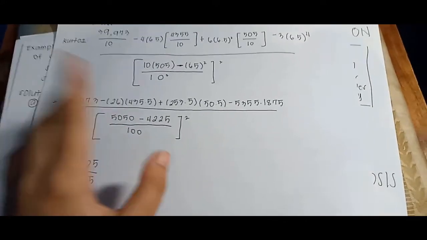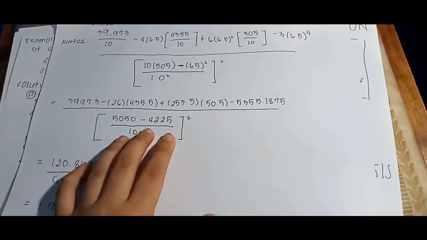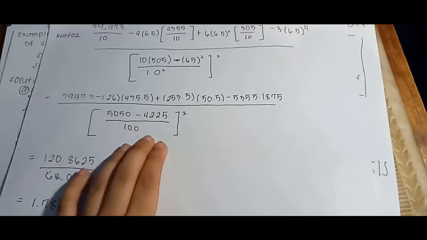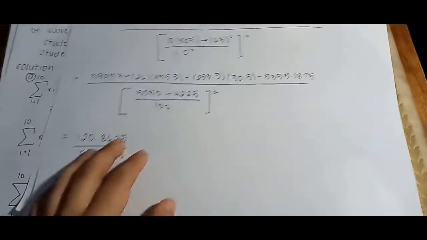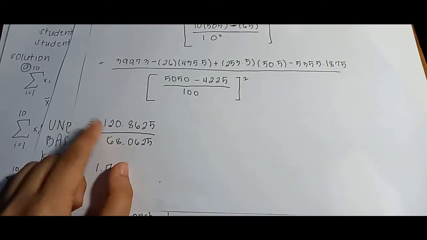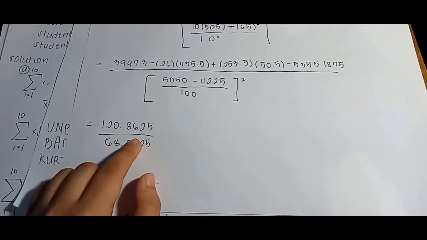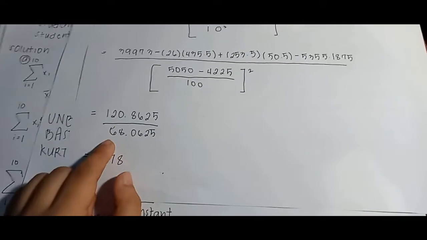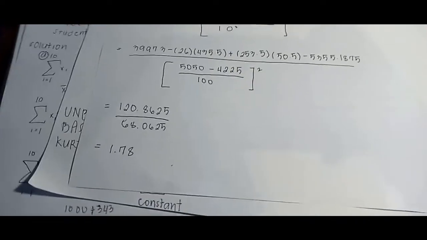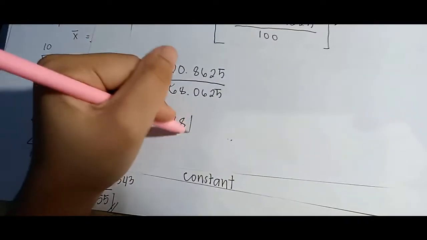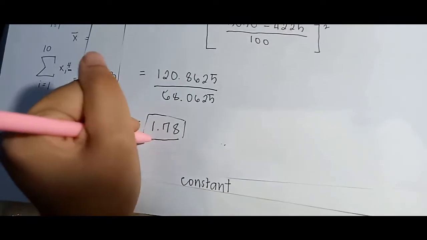Then so we'll get 120.8625 over 68.625. So the answer we get is 1.78. Right here.